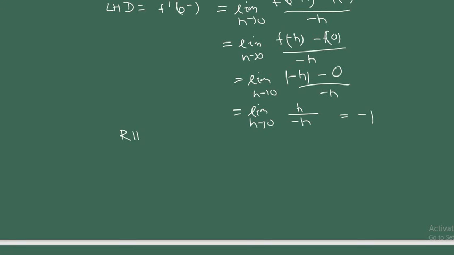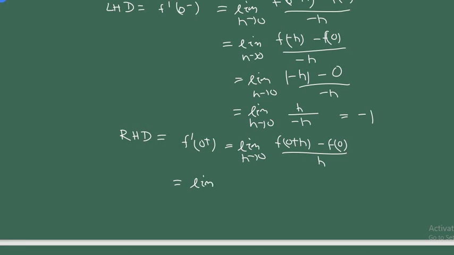Similarly, we will find RSD. RSD is f dash 0 plus, which we write as limit h tends to 0 of f(0 plus h) minus f(0) divided by h. That is equal to limit h tends to 0 of f(h) minus f(0) divided by h.